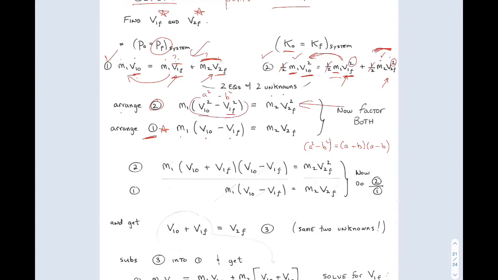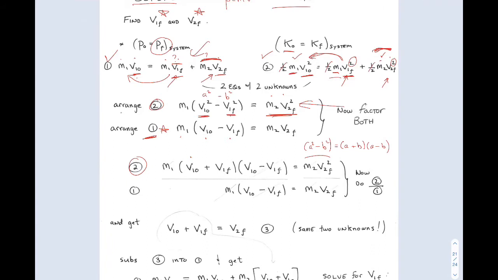So I took equation number 2 and factored it. This thing still sits here, and I just rewrote equation number 1 there.